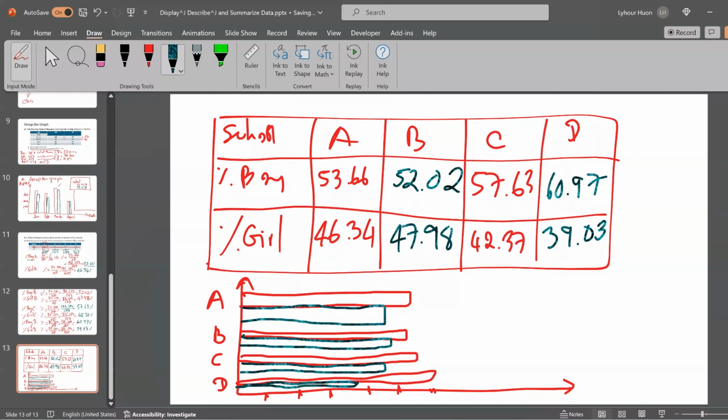And then don't forget to label it. The red is the percentage of the boys, while the green is the percentage of the girls.